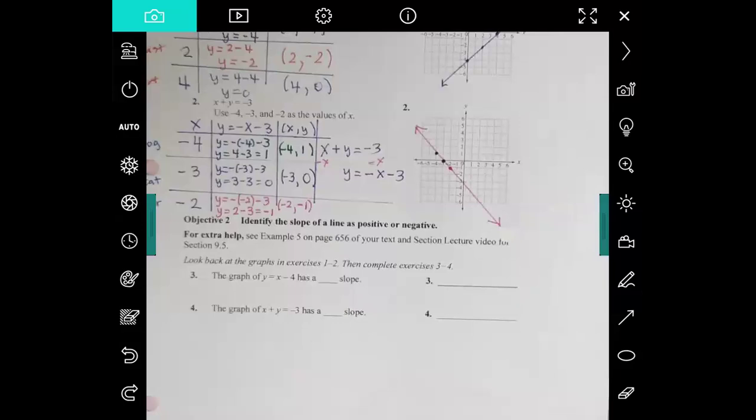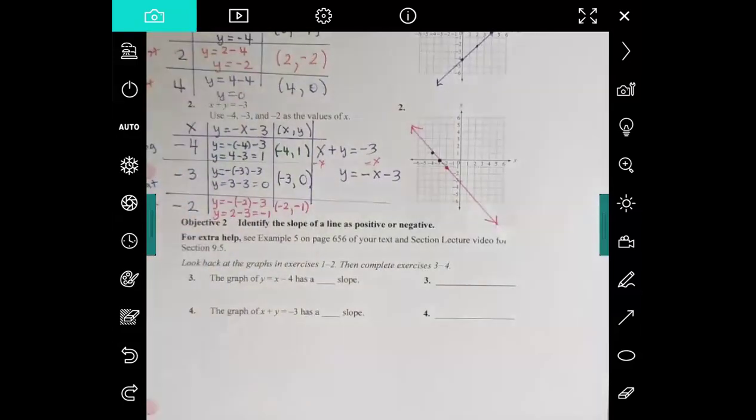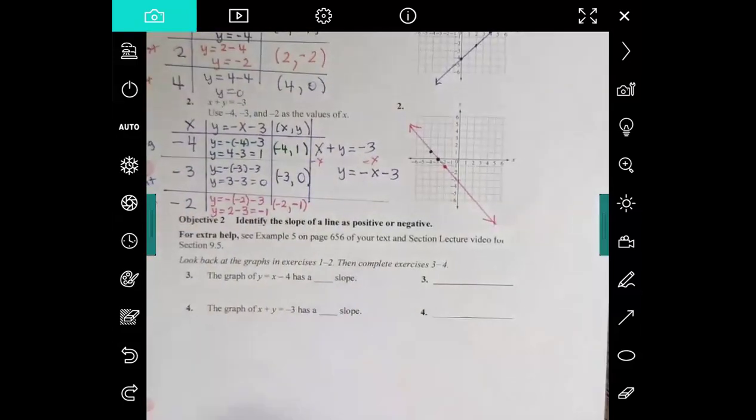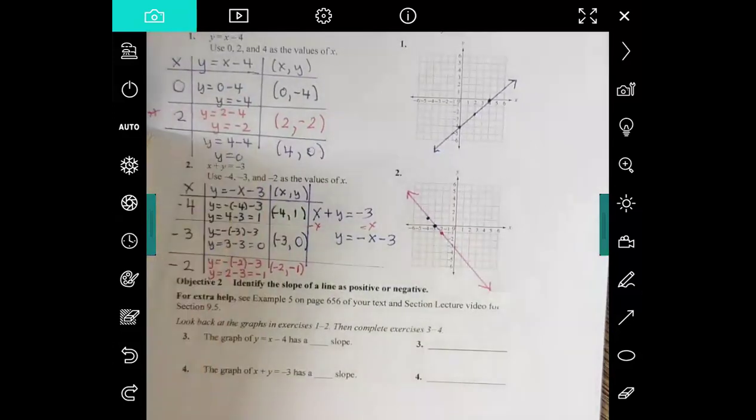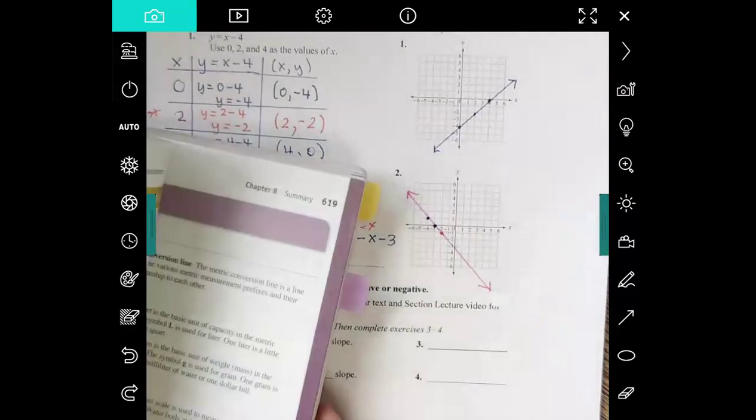Look back at exercises 1 and 2, and then complete these. Now, what in the devil are they doing for slope without teaching you slope? I'm sorry. Let me glance at the book. I want to make sure that I'm not going to do something that doesn't match up with this section in the book. 656.